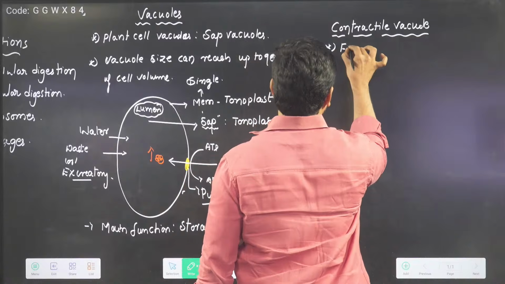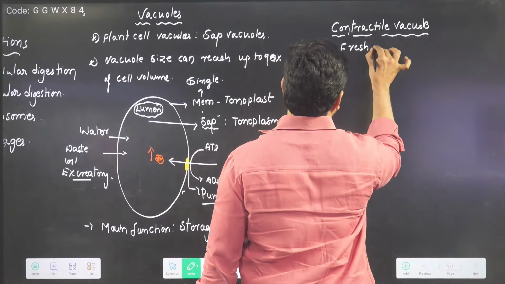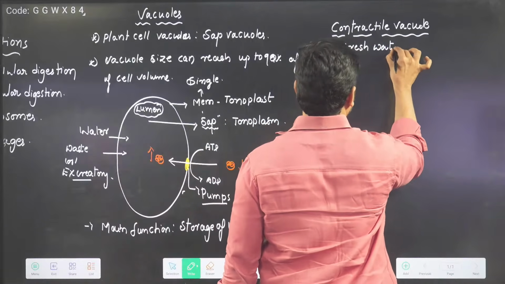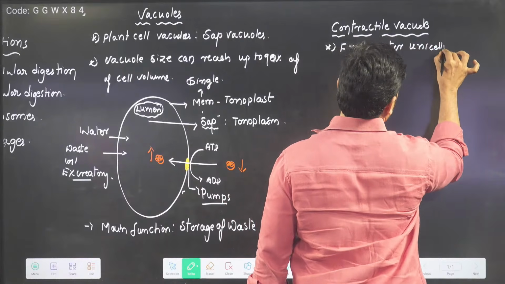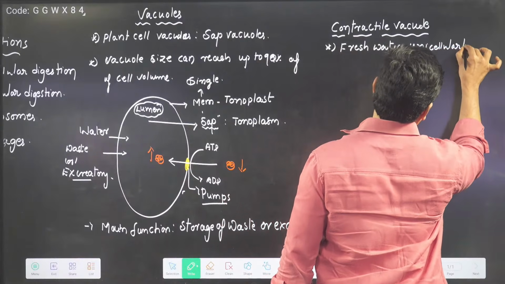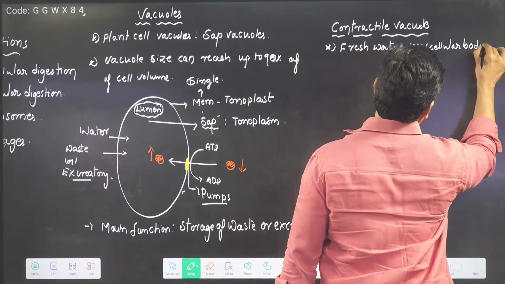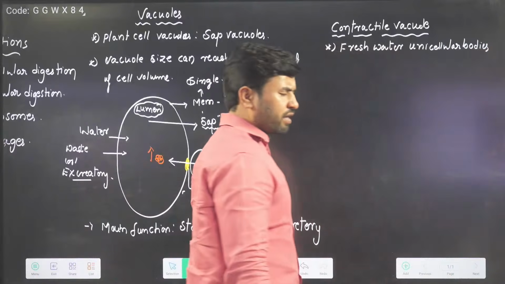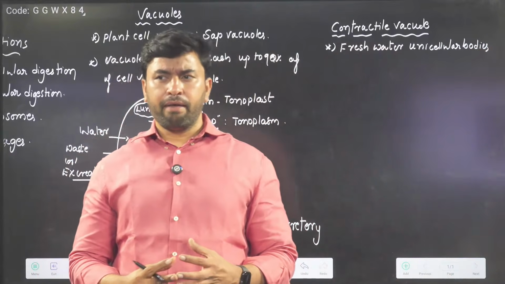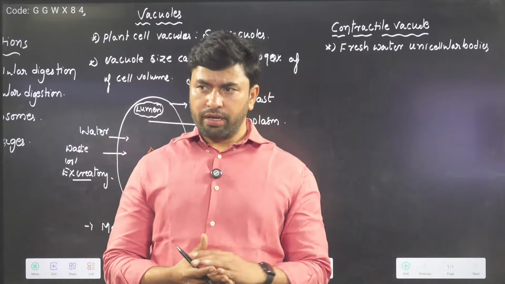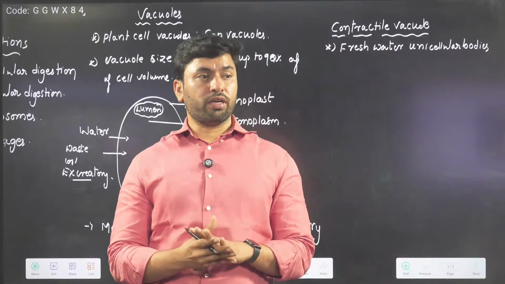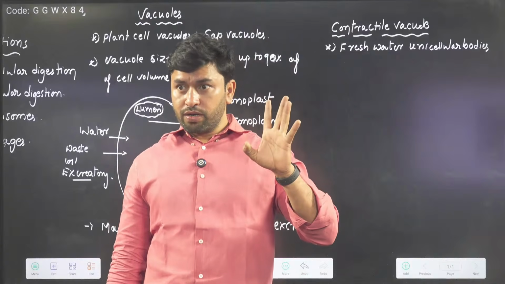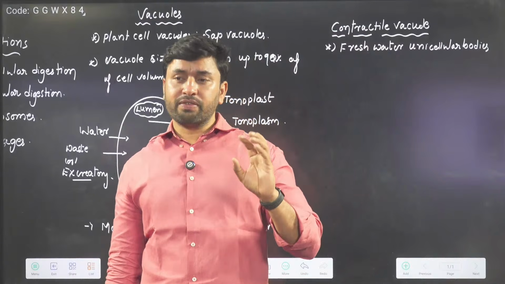It is found in freshwater unicellular bodies. Who are these freshwater unicellular bodies? Like our amoeba, paramecium, euglena, a variety of them live in freshwater. Be careful: freshwater bodies only, never present in marine.